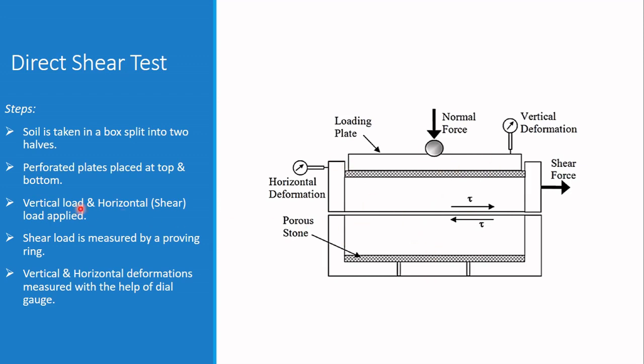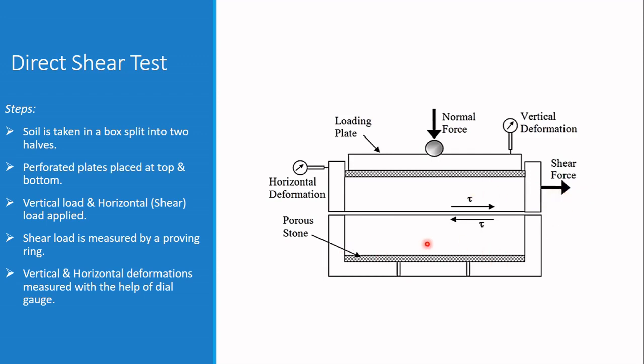The third step is that I apply a vertical load and a horizontal or shear load to the sample. This is the vertical load or normal force applied to the sample, because of which the soil will get compressed. I also apply a horizontal load or shear force to the soil sample, because of which the upper half of the soil sample will get displaced to the right side.